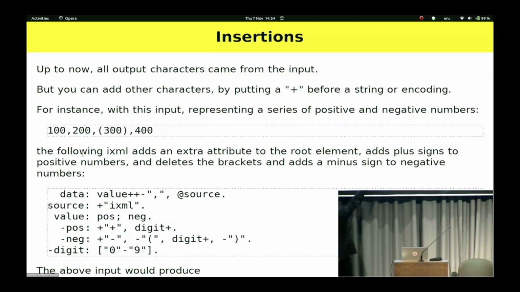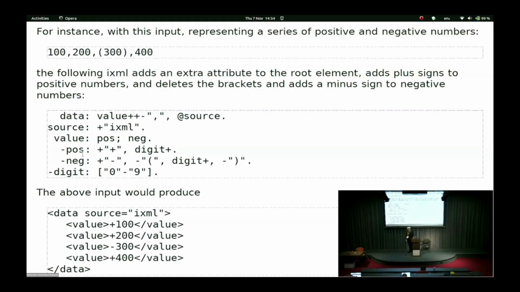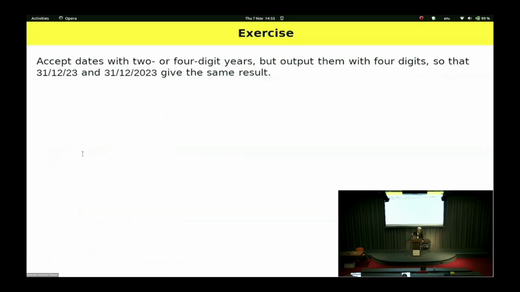I'm deleting the brackets, and I'm adding a minus, so that then on the output, I will get this sort of output, so that I've converted it into pluses and minuses by deleting the input characters and adding some output characters.